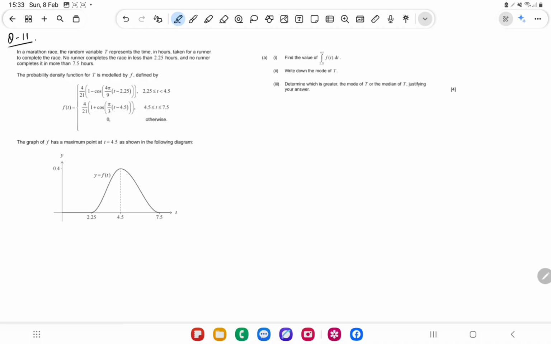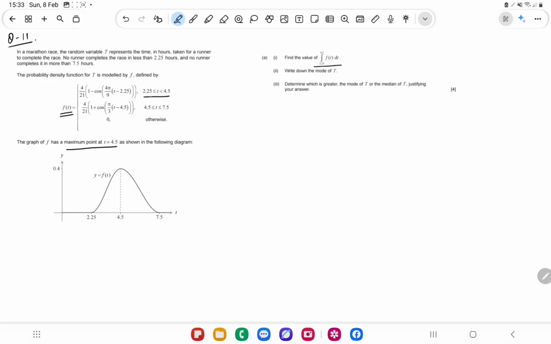Now let's move to question number 11. In this question, we have a function given to us in 3 different forms, and the graph is also given, and it has a maximum point at t equals 4.5. So what we have to find is the integration from 2.25 to 4.5.